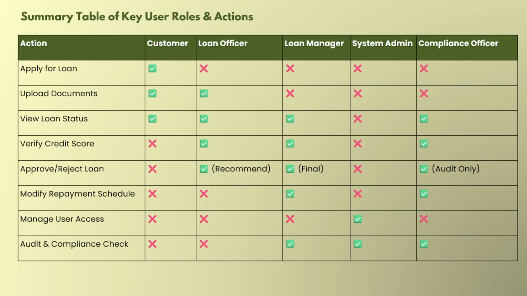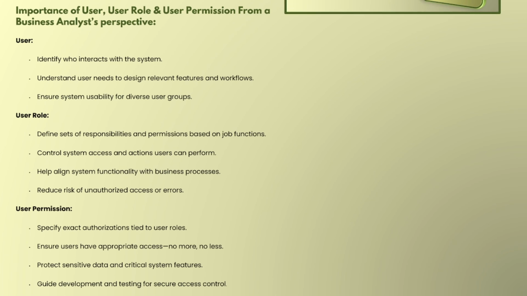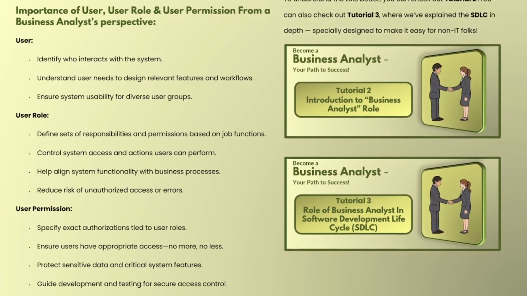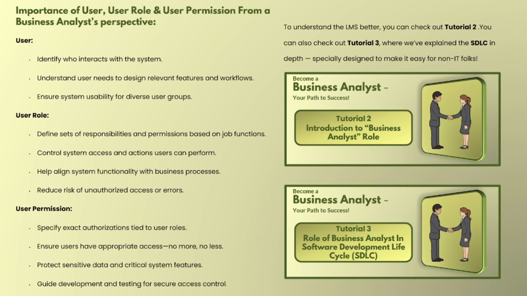Let's conclude this: user roles and user permissions from the business analyst perspective. Users means identifying who interacts with the system, understanding user needs to design relevant features and workflows, and ensuring system usability for diverse user groups.